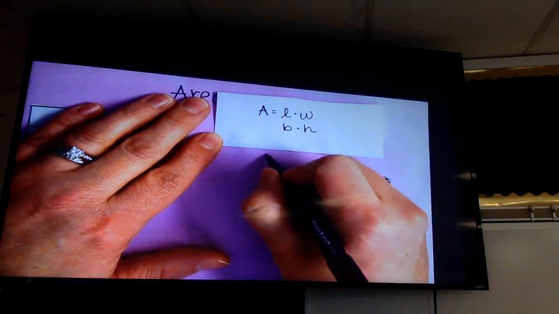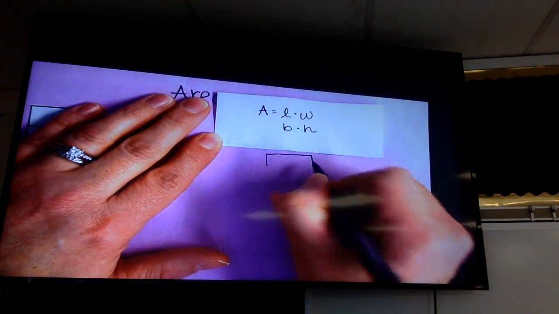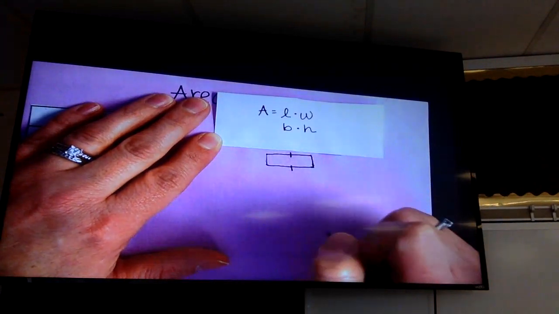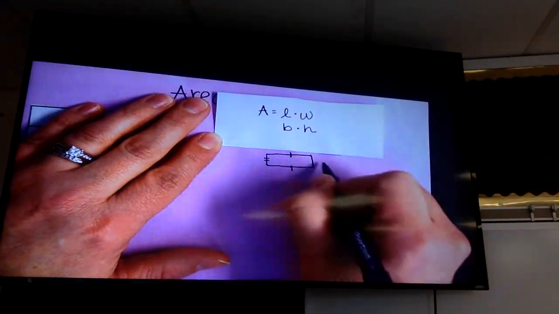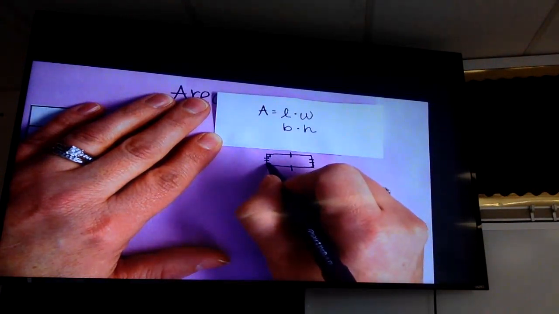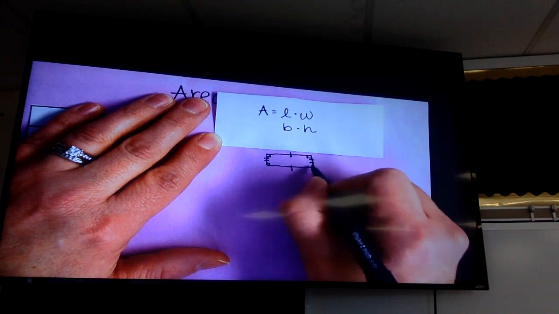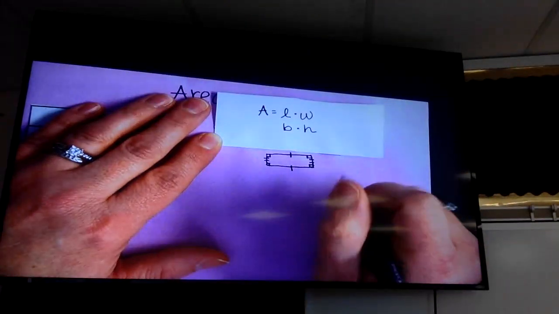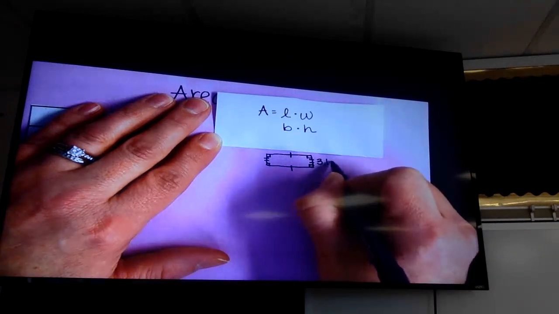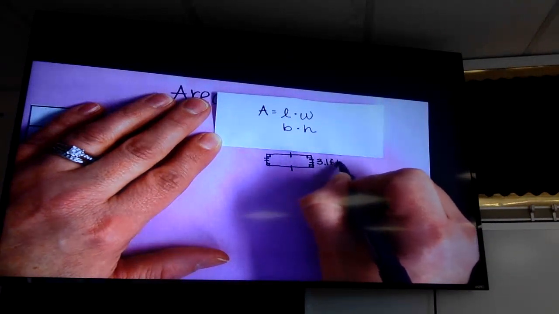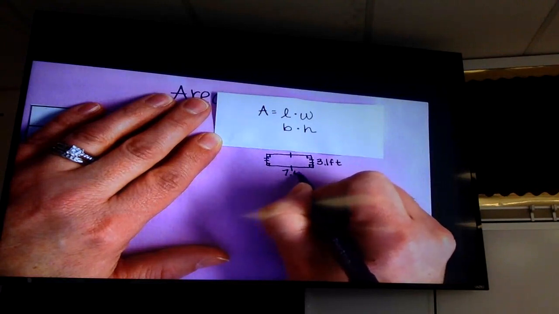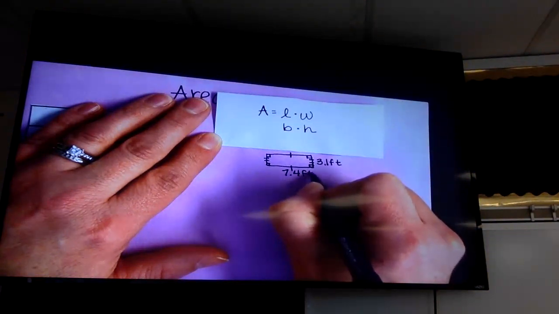Okay. So I'm going to draw in a rectangle here. Remember, we know a shape is a rectangle if the opposite sides are congruent, and that it has 4 90-degree angles. That would signify a rectangle. So I'm going to say that this rectangle is 3.1 feet wide by 7.4 feet long.